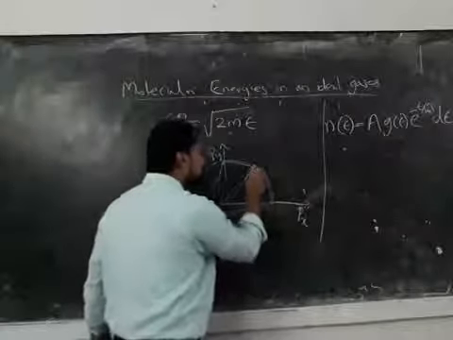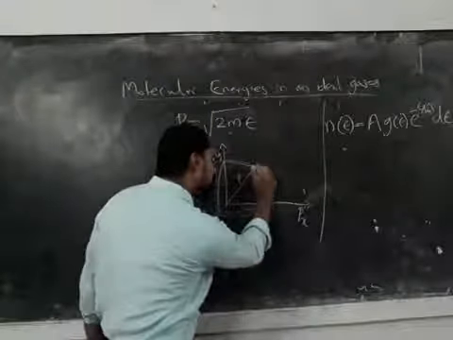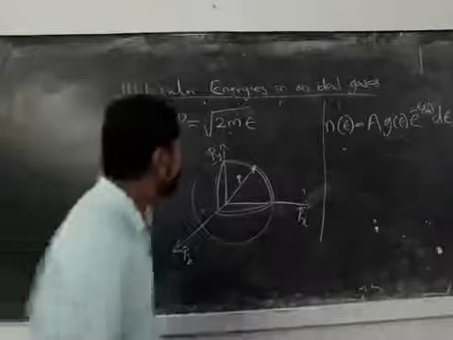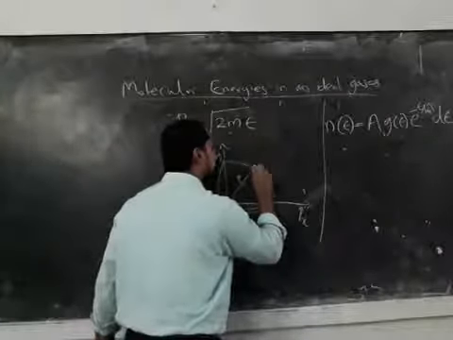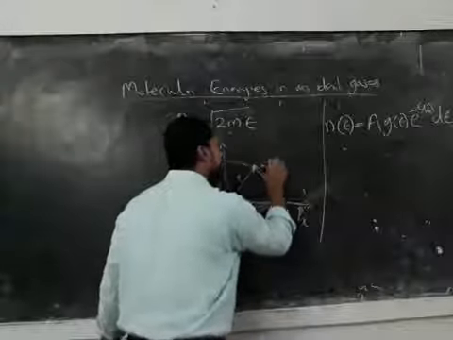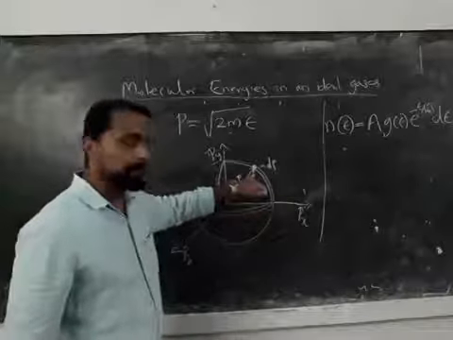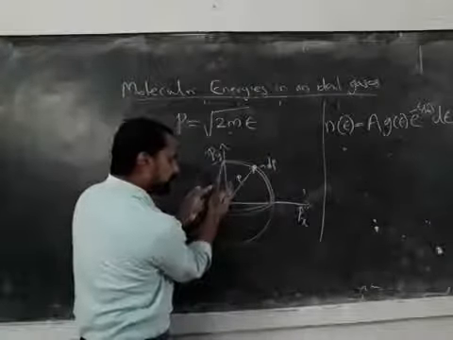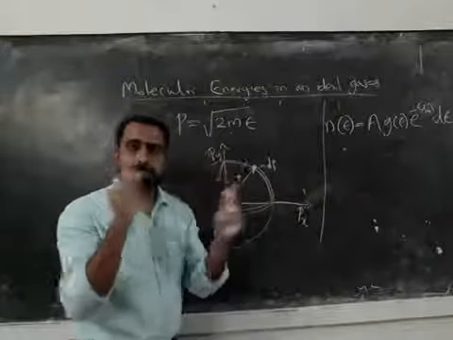This is your p, and this small change I am calling dp. So I have a momentum p. Thus this is a sphere. That sphere is projected. It is not in a plane, it is in space.